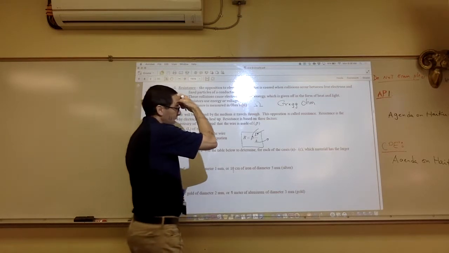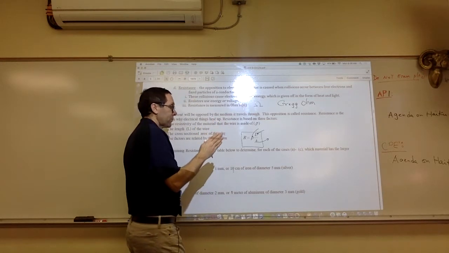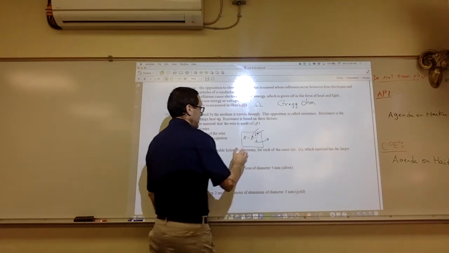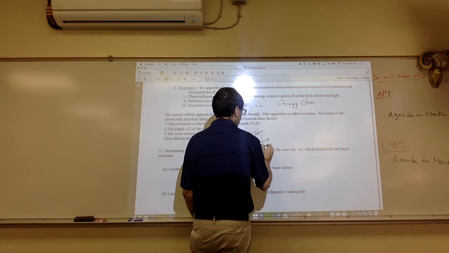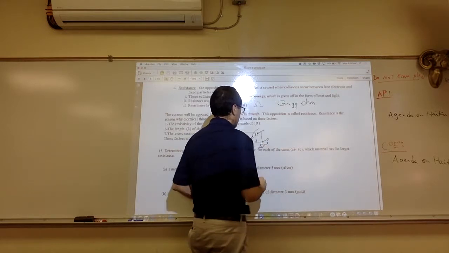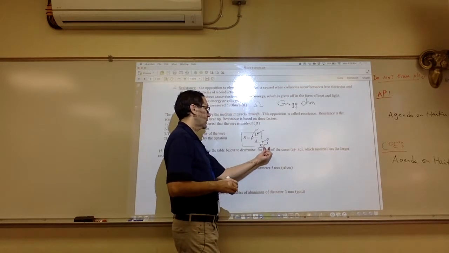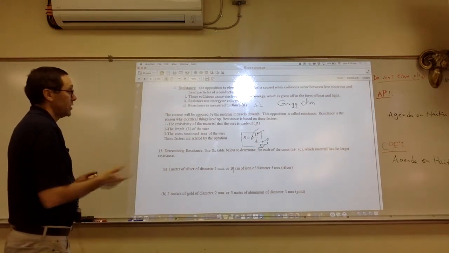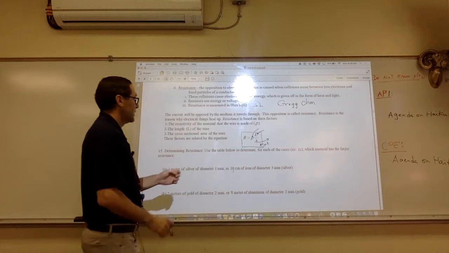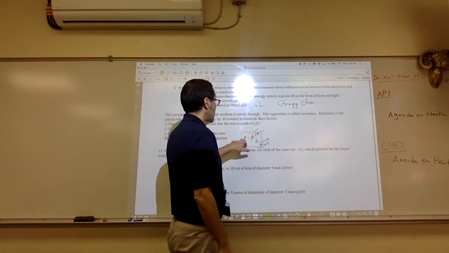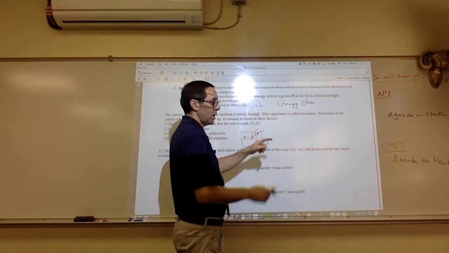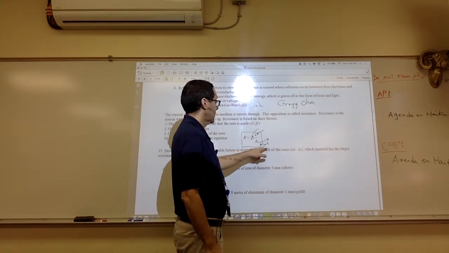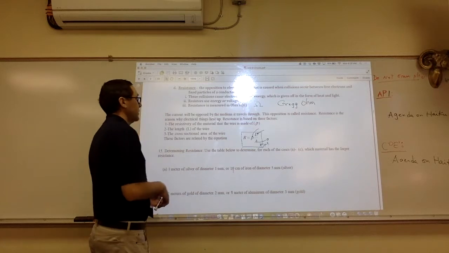We're going to think of the wire as kind of like a disc that has an area of A. The area of that is basically pi times the radius squared, and this r is usually expressed in millimeters, and you have to change it to meters. So you can see that resistance is proportional to the length of the wire, and it's inversely proportional to the radius squared. So it follows that inverse square law.